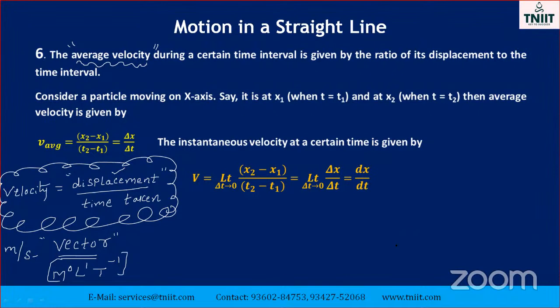Velocity is a vector quantity and the SI unit is still meter per second. And the same formulas are going to be valid for the average velocity. But instead of talking about the distance, you have to talk about the displacement. So how to take the average velocity definition then?